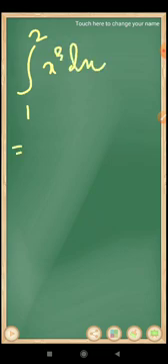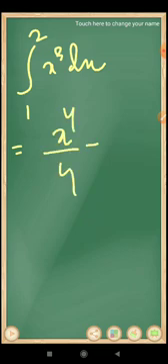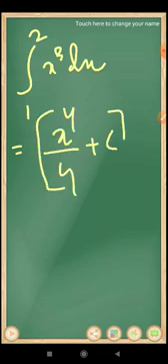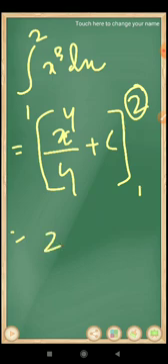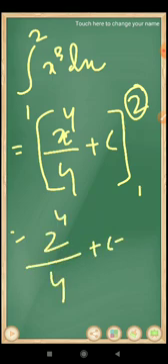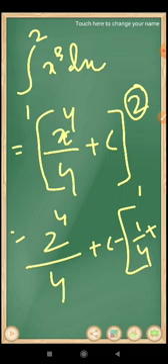We know the integration of x cube is x to the power 4 by 4 plus c. From 1 to 2. Now instead of x you put 2, so 2 to the power 4 by 4 plus c, minus, put 1 instead of x, so 1 by 4 plus c.